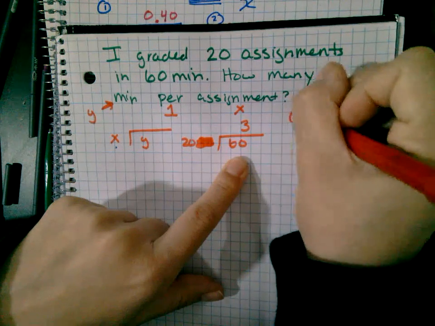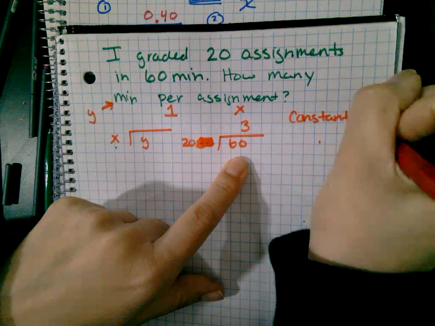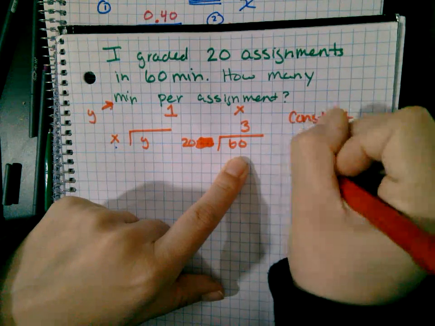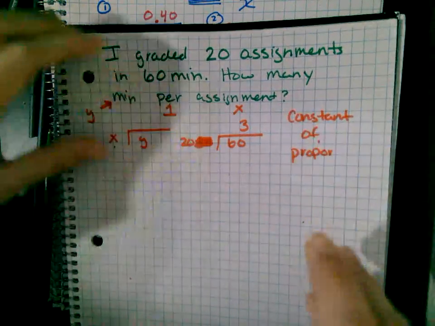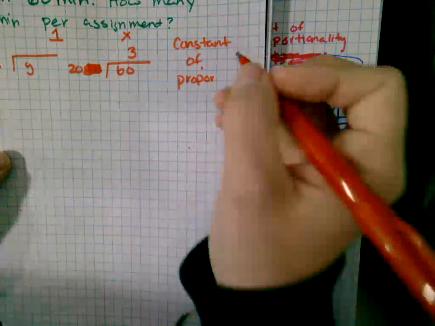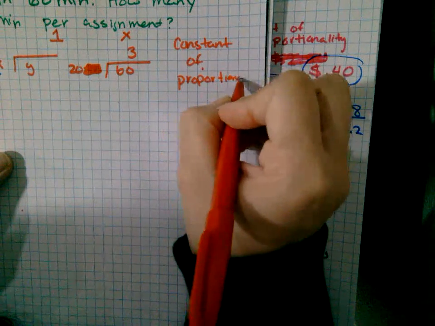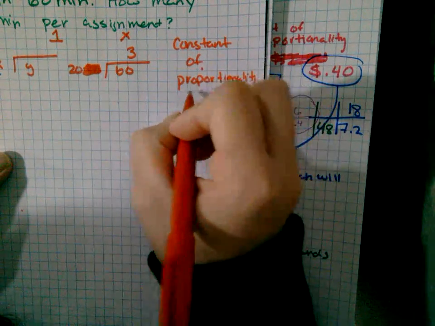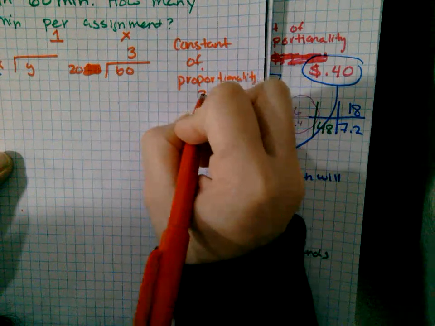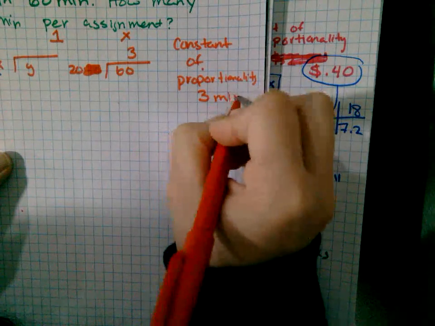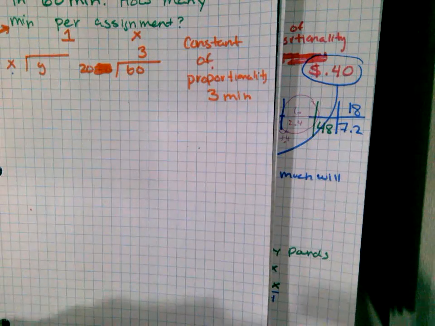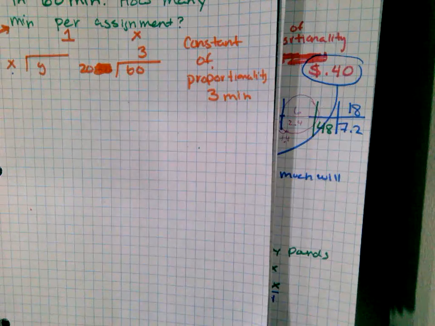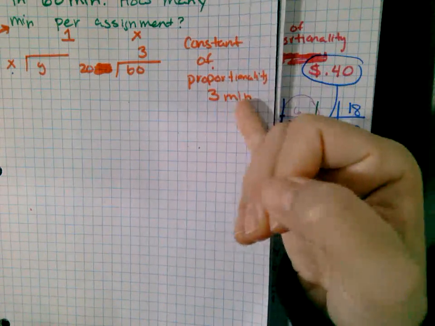So my constant of proportionality equals 3 minutes.